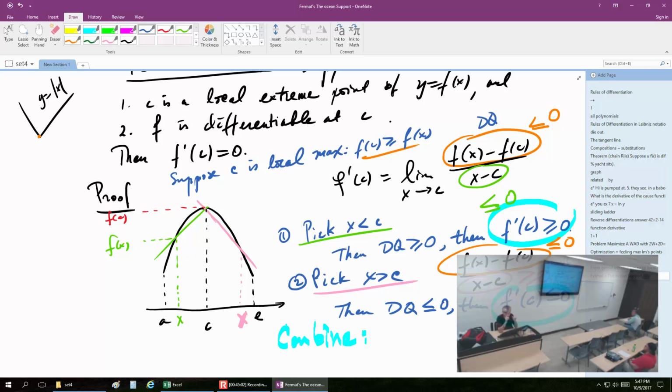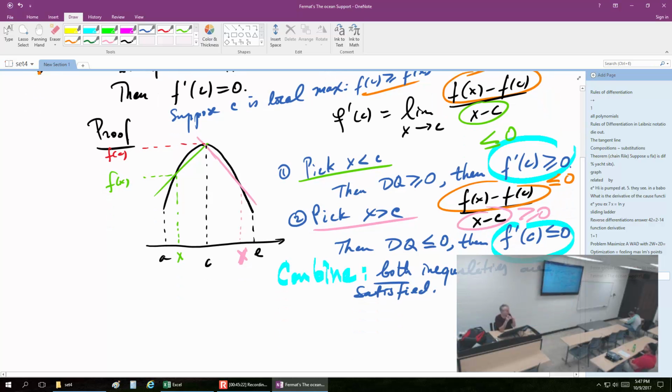No, no. You see, both inequalities have to be satisfied. Why is that? Because we're talking about the two-sided limit. We looked at one-sided limits separately, and these are the two conclusions that we derived. But the actual definition of differentiability is that there is one limit, which is supposed to include both the limit from the left and from the right, and they have to be equal to each other.